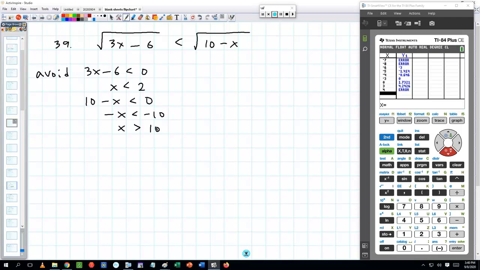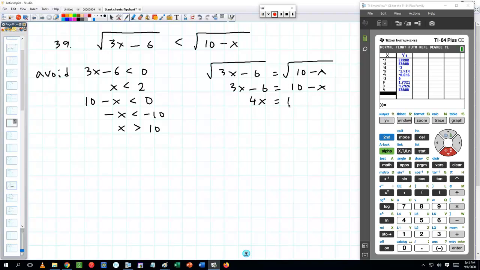So anything to the left of 2, anything to the right of 10. The other critical points come from solving. Square the two sides. I can see you guys doing all that in one step. X comes over, 6 goes over.